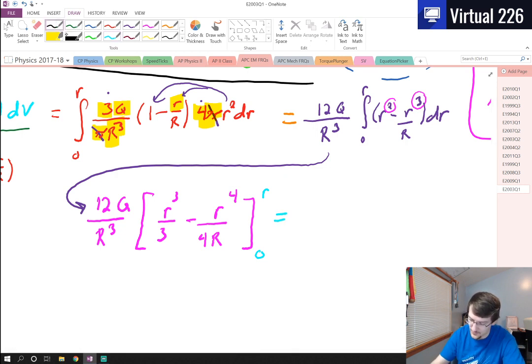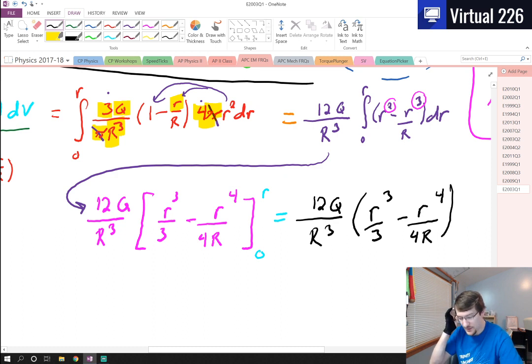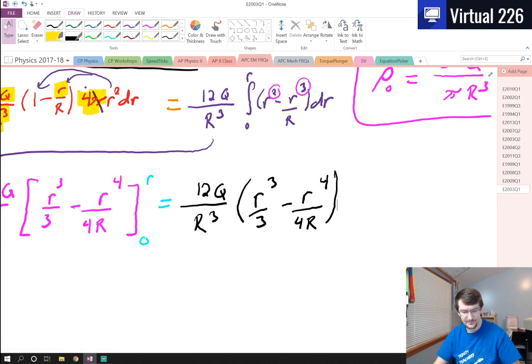So this in the end will just become 12q over R cubed times the quantity of r cubed over 3 minus r to the 4 over 4R. If we wanted to, we can clean this up because it's probably best to do so. Cleanup can be finicky at times, but let's do it.